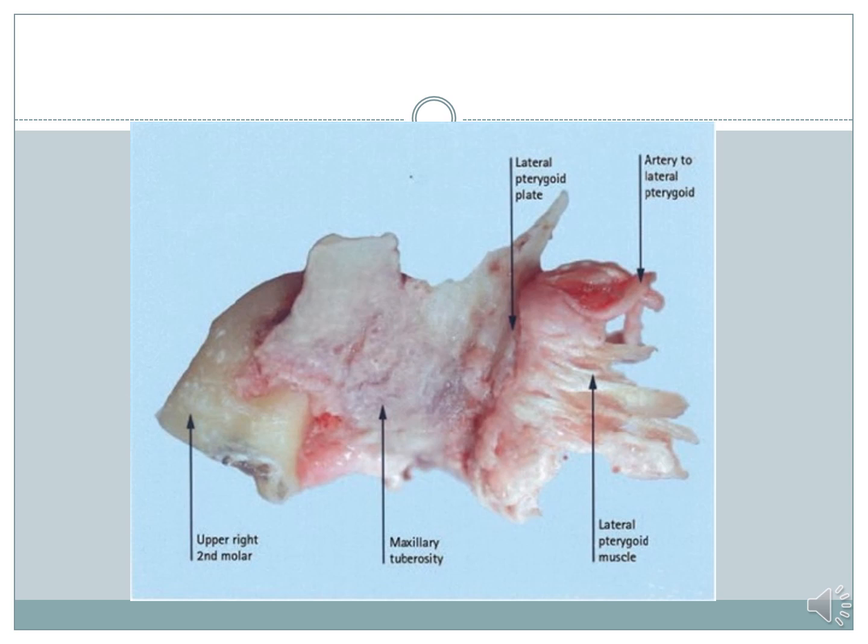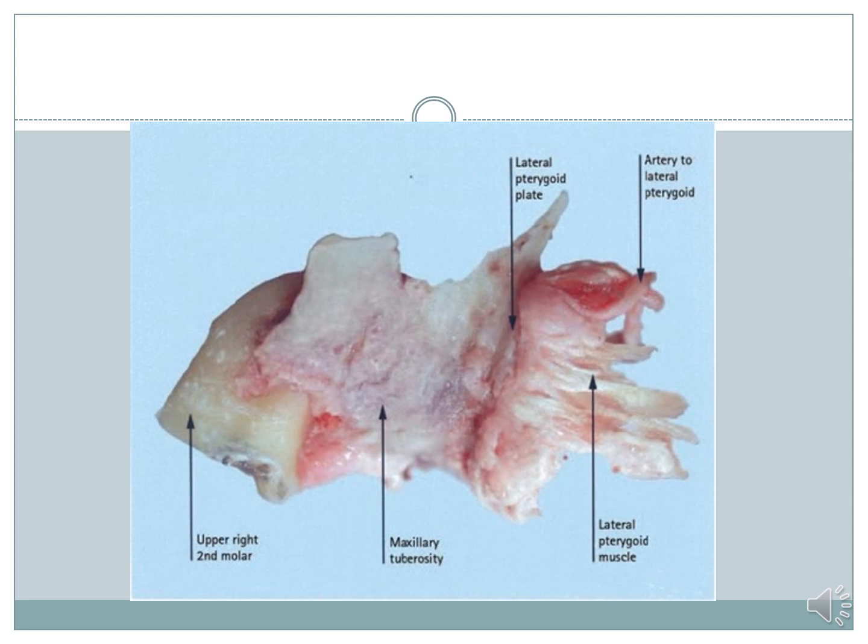Now, it doesn't stop only with the maxillary tuberosity. See, the lateral pterygoid plate, the artery to the lateral pterygoid, everything has come out. When we do such cases, they will definitely go to court. Okay, you can avoid this possibility.